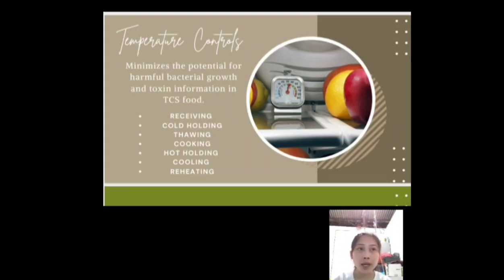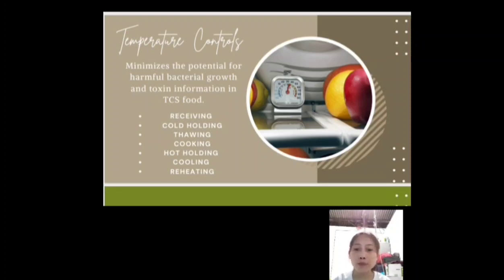If ever ma-level siya sa danger zone ang iyang temperature during the transit, it is okay to not accept the food, or you can discard the product. So that's the receiving process.